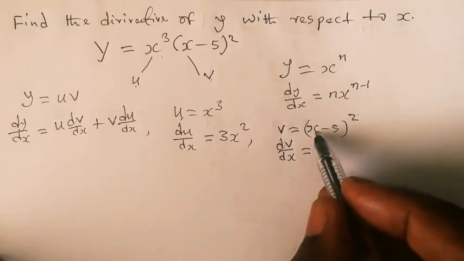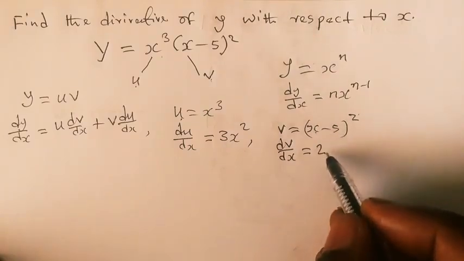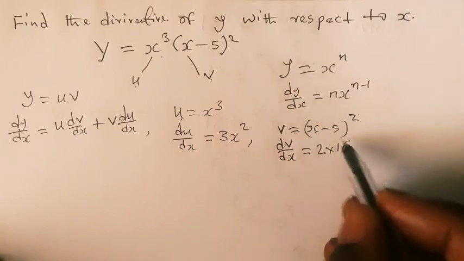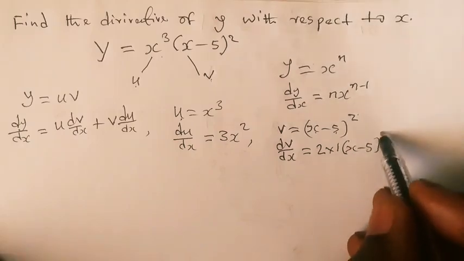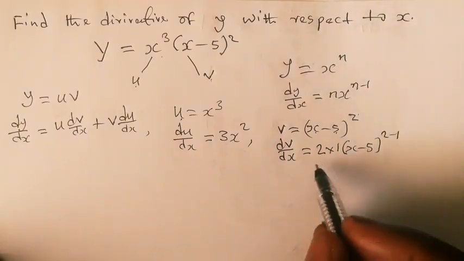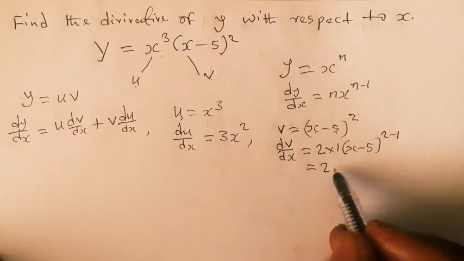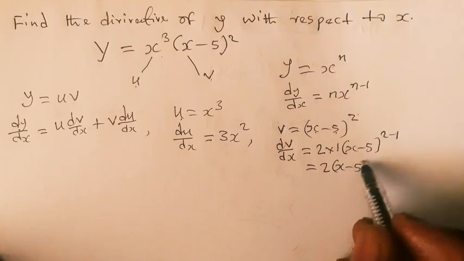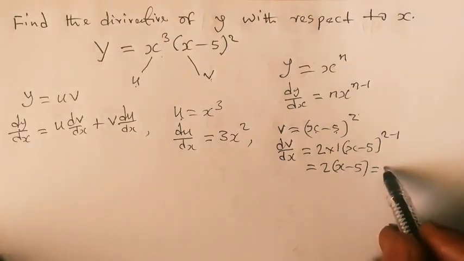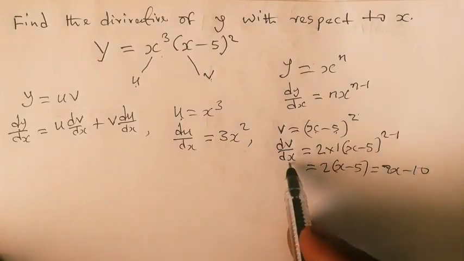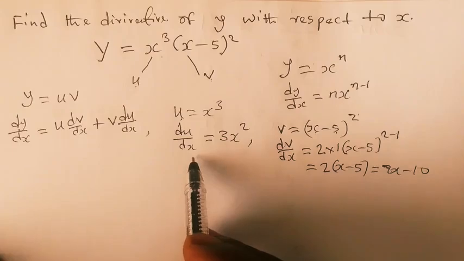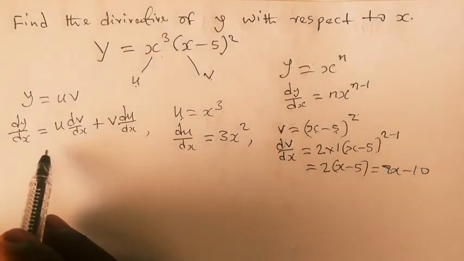We differentiate x, it is 1, so times 1 in bracket; we differentiate the constant, it is 0; we still replace this one, so that 2 minus 1. So this finally will give us 2 in bracket x minus 5, which we can write as 2x minus 10.